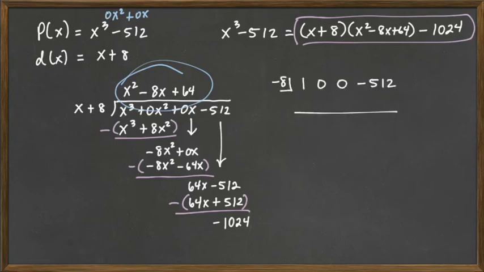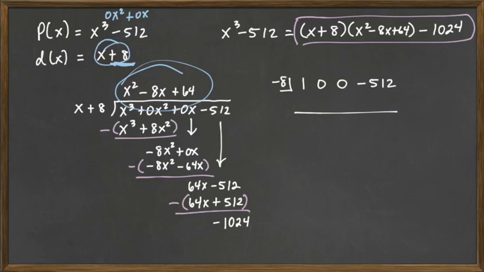We would set it up this way. If this is an x plus 8, we use the negative of whatever that value is. That's what goes in the box here. And you see that we're just using our coefficients of this here, putting zeros in for 0x squared and 0x.